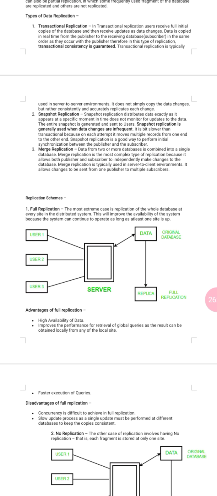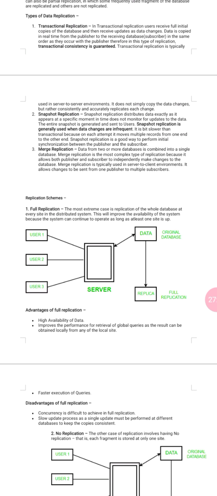What happens in transactional replication? Users receive a full initial copy of the database and then receive updates as data changes. Clear? First receive the full copy and then the data changes, right? Then the data is copied in real time from the publisher to the subscriber in the same order as it occurs at the publisher.